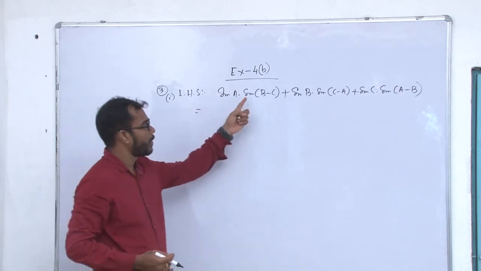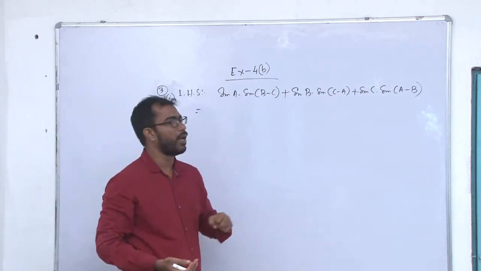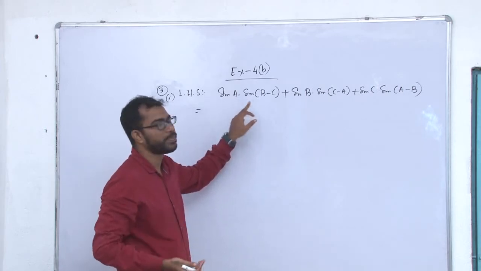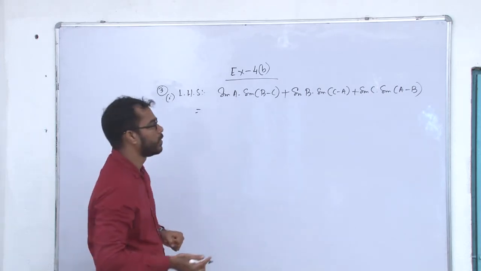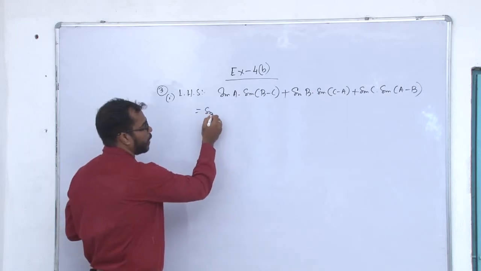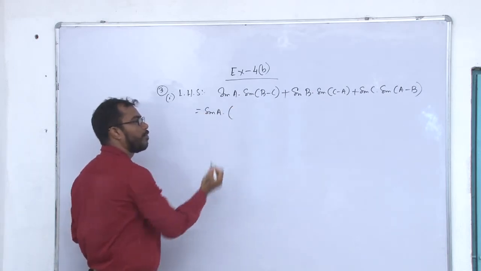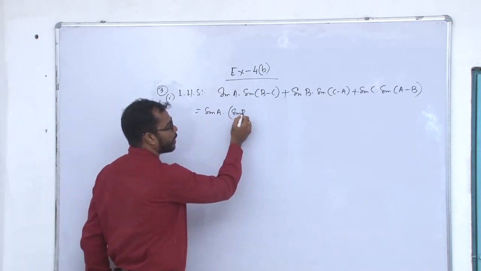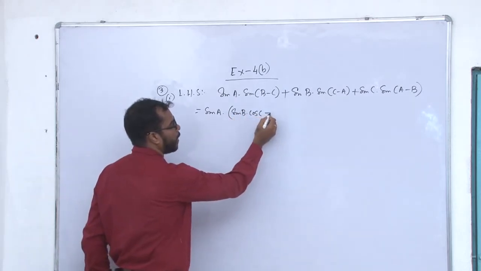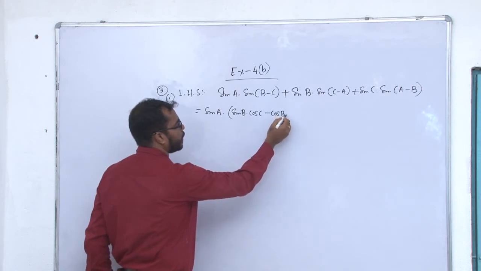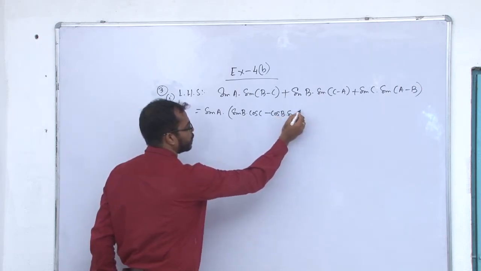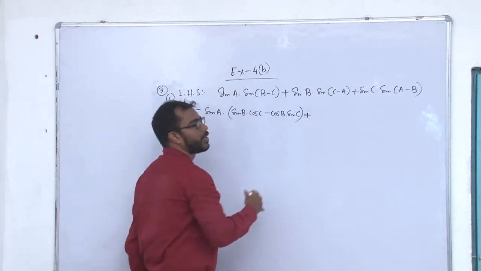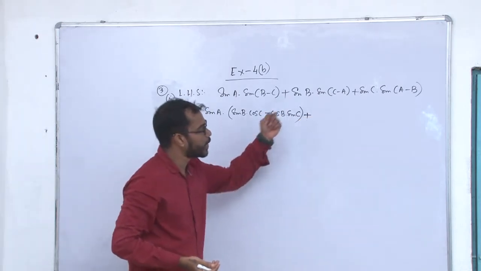Here you can see we use the formula. Here you can see sin(B minus C), so we can apply the formula for sin(A minus B). So we can write sin A times the expansion of sin(B minus C), that is sin B cos C minus cos B sin C. Similarly, you can express the second term.